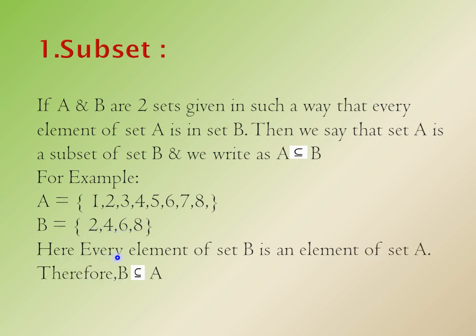Here you can observe that every element of set B is an element of set A. Therefore, we will call it B is a subset of A. That means 2, 4, 6, 8, each of these elements is there in set A. So, we will call B a subset of A.